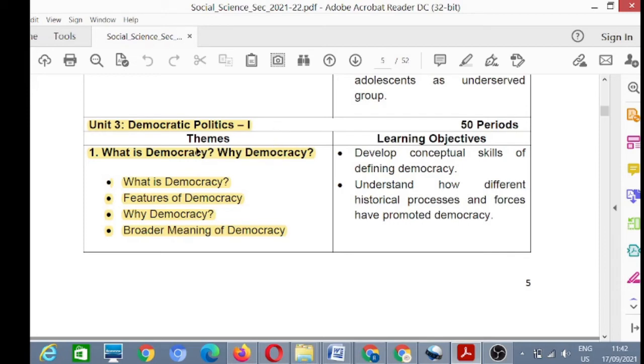Now the first topic is what is democracy and why democracy, what is the need of democracy. What is democracy, then features of democracy, then why democracy, then broader meaning of democracy.